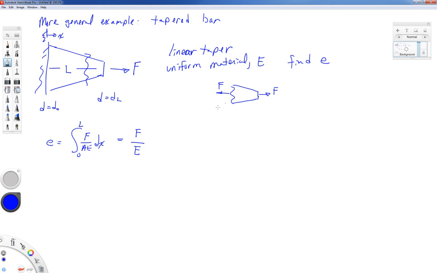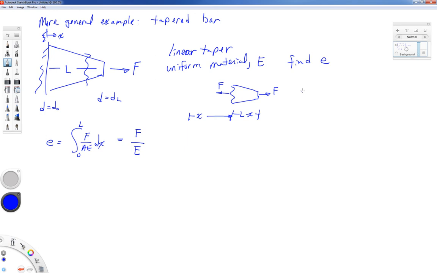At any particular position x, we're going to have a different cross-sectional area. On the far right, the diameter is d sub L. On the far left, the diameter is d sub 0. The diameter tapers linearly. That doesn't mean the area tapers linearly, so you have to be careful.